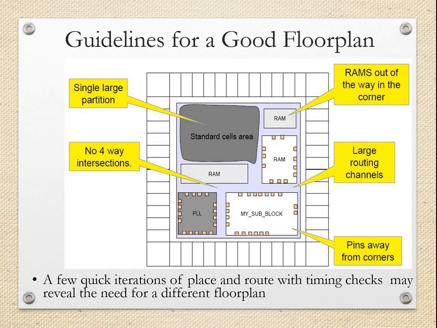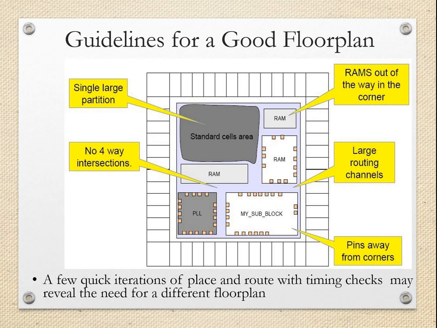So these are a few guidelines for preparing good floor plans. The ramp should always be placed in the corner. The large routing channels should be kept so that congestion is avoided while doing the interconnection between the different blocks, and the pins should be away from the corner.